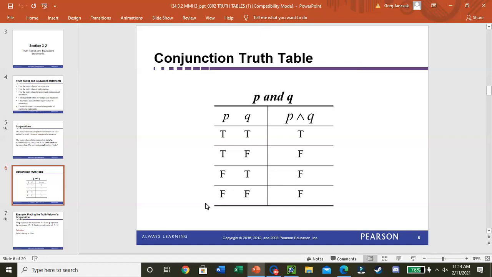Okay, so basically they're looking at every possibility of how the combinations of P and Q either being true or false. So in order for P and Q to be true, both have to be true.